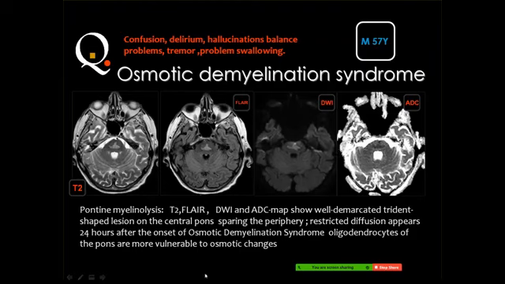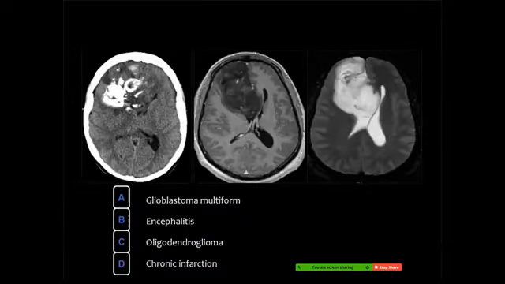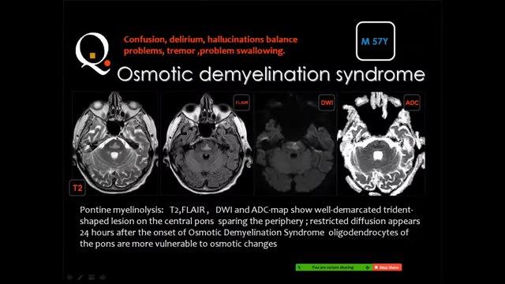Then we have to discriminate between acute lesions and the chronic lesions, and we should not usually be confused about the lesion. If it is restricted, someone may think of an infarction, which is not true.